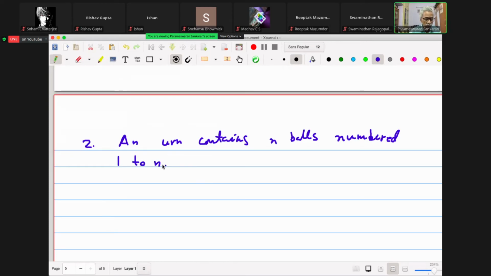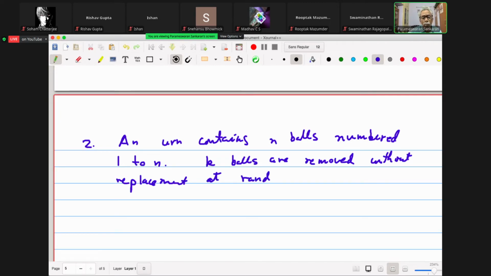K balls are removed at random, without replacement. You can just think that K balls are drawn together. No problem.